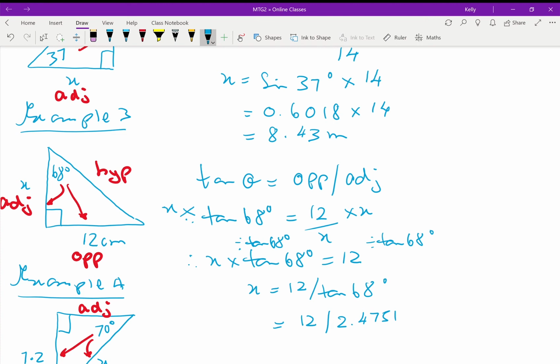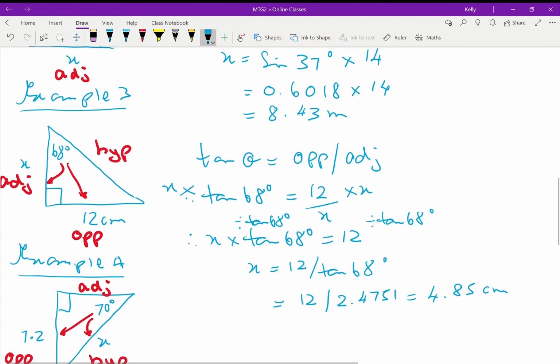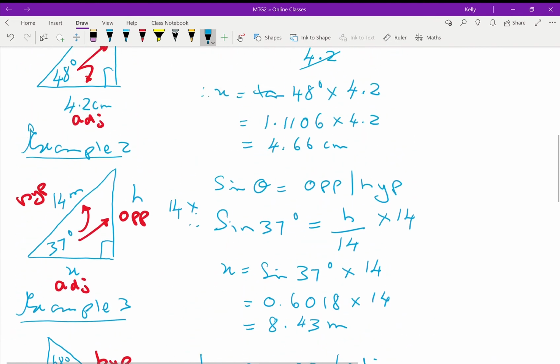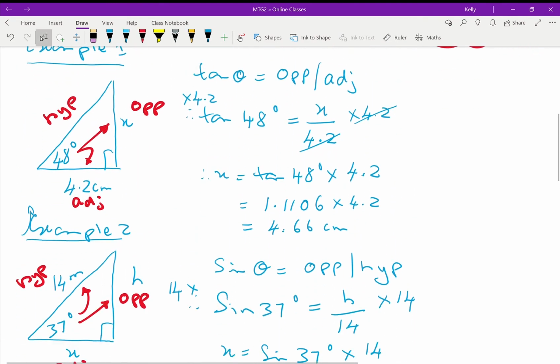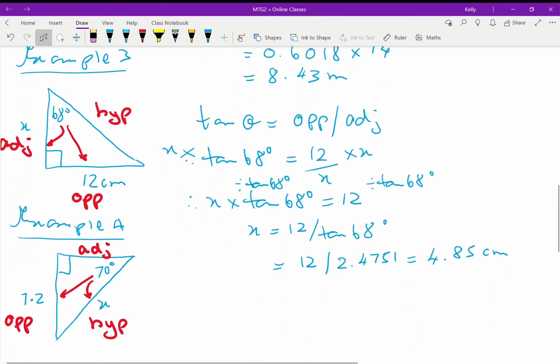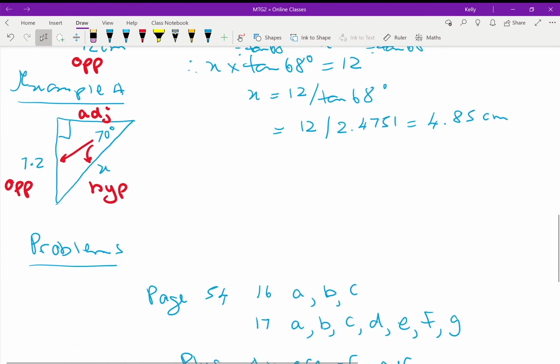I take the 12, I divide it by 2.4751, and I end up with 4.885 centimetres as my distance. Alright, so that's looking quite good. We've done a tan at the top, a sine, and we'll do the next one.